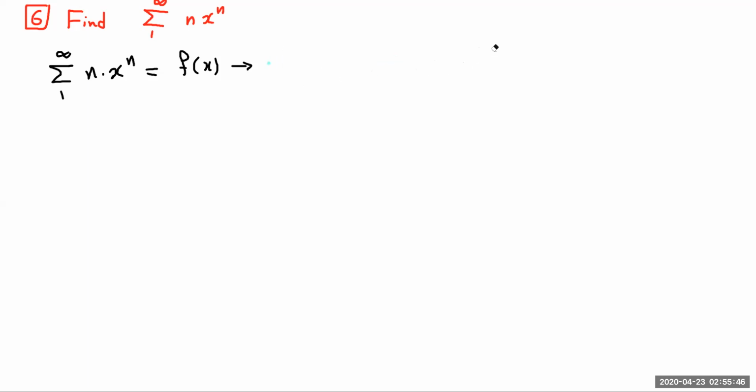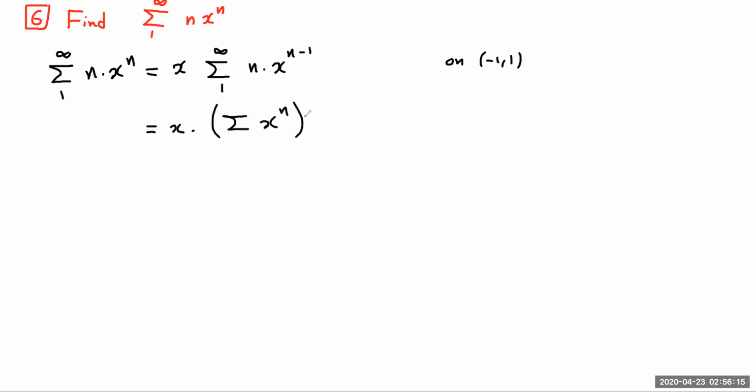Let's take this. I can take x outside: sigma n x power n minus 1 from 1 to infinity. So this is x, on the interval minus 1, 1, times the derivative of sigma x power n from 0 to infinity.